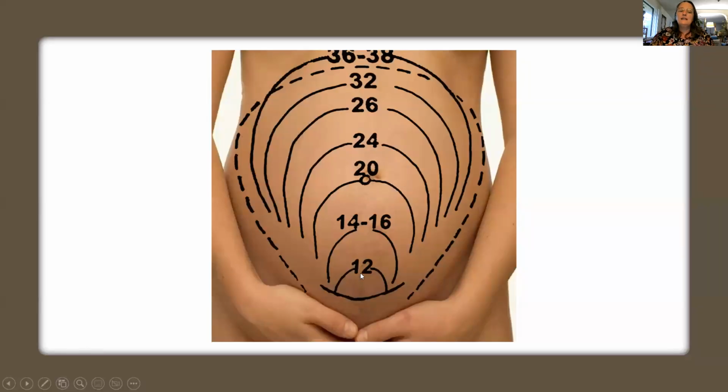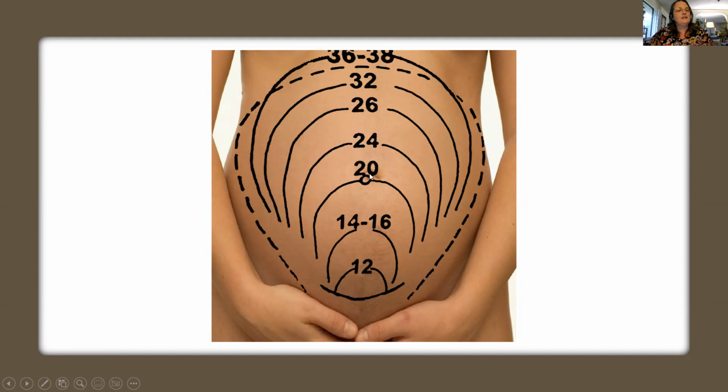Measuring the fundal height is going from the symphysis pubis up to the top of the fundus or the xiphoid process, whichever one is lower. So we want to go all the way up until we feel the top of the fundus, which is where the top of the uterus is. And when we measure this in centimeters, it closely resembles the number of weeks she is.